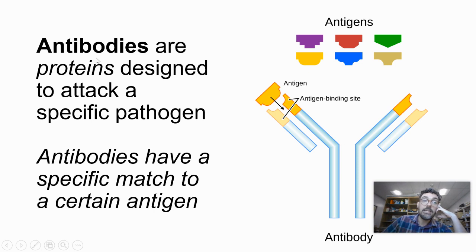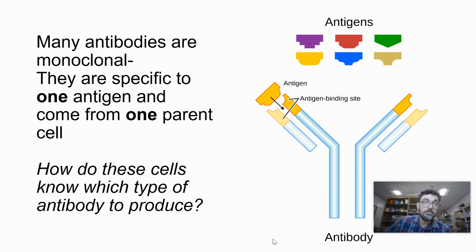And so antibodies are proteins designed to attack a specific pathogen because that pathogen will have antigens that match with the antibody. Your immune system can learn which antibodies can appropriately attack specific pathogens. The antibodies are going to have a specific match to a certain antigen. And here's how that works.